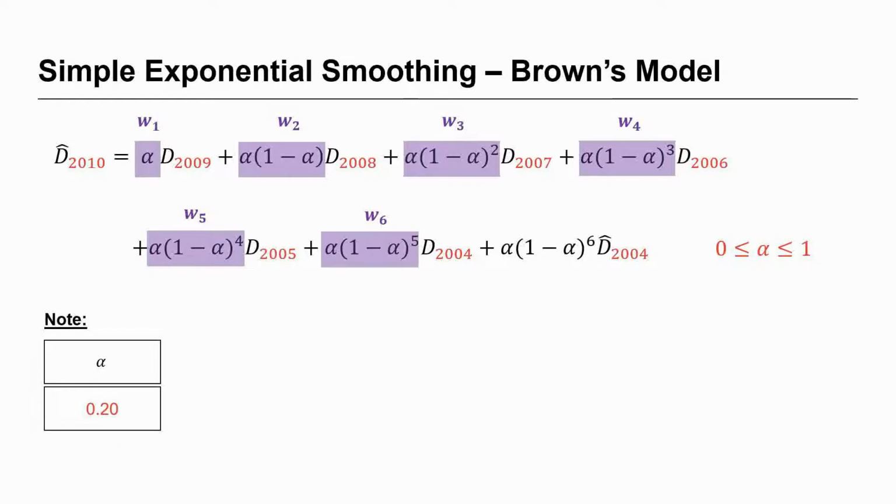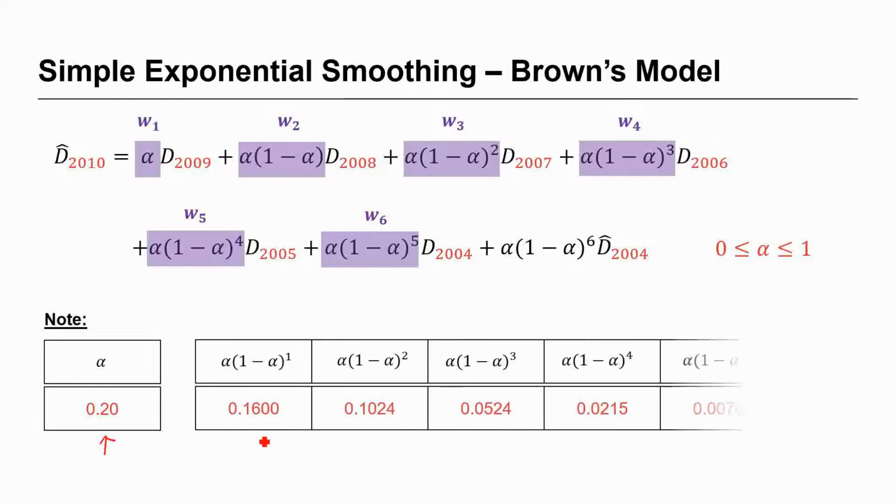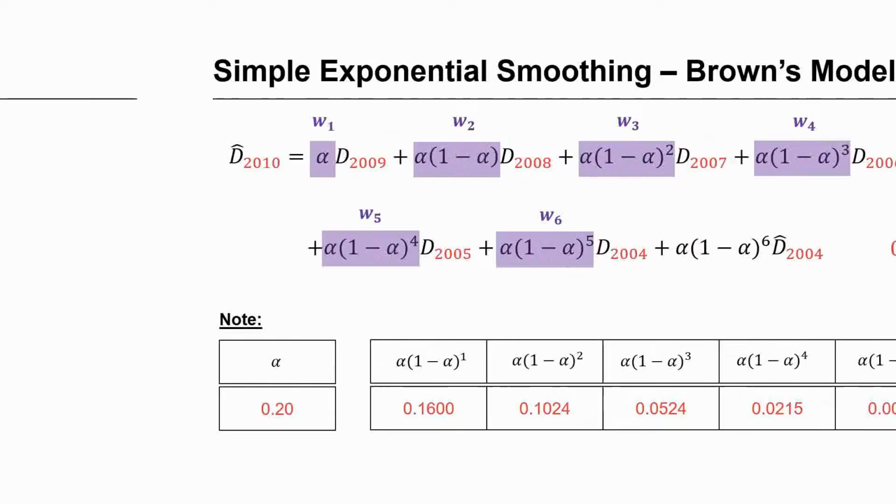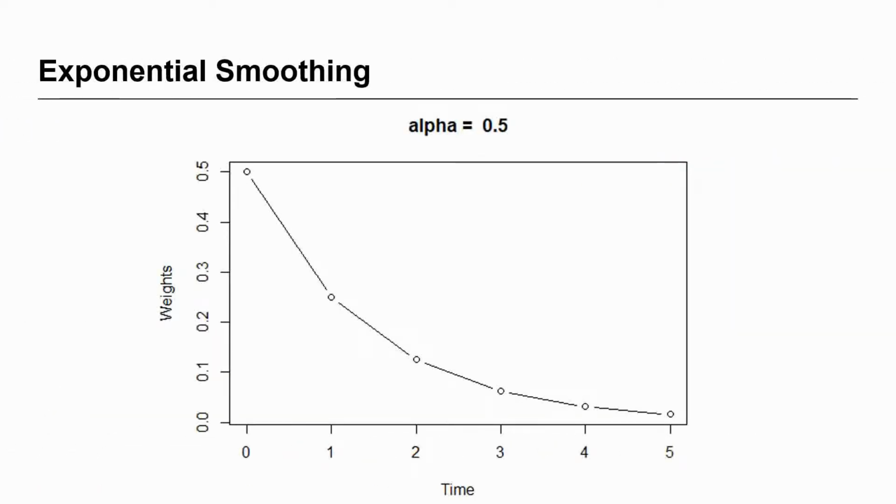However, if you choose a smaller value of alpha like 0.2, then you end up giving at least some importance to the observations which are even at the fourth or fifth time point behind. In any case, it is important to note that these weights decrease exponentially, and hence the name exponential smoothing.